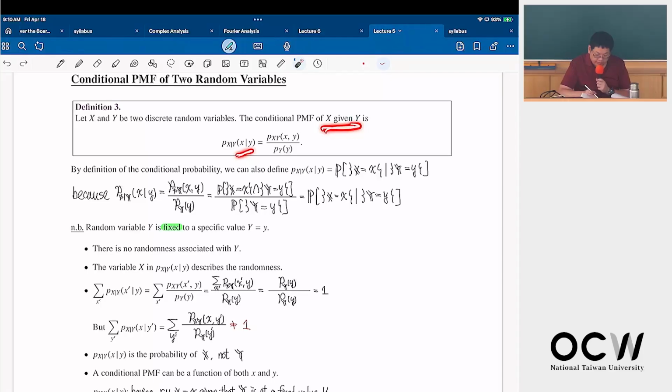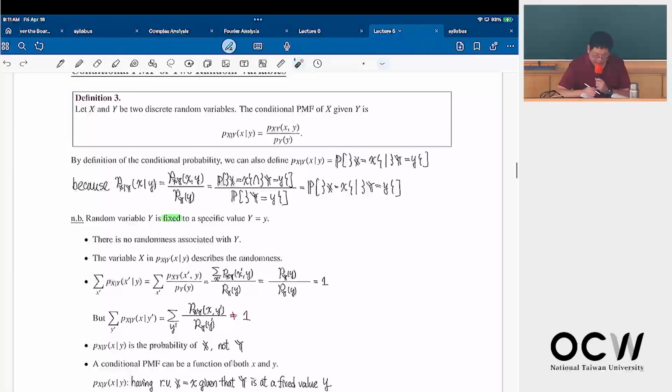For this PMF, x given y, we fixed y. So y is fixed. No randomness with y. So this probability is for x, not y.